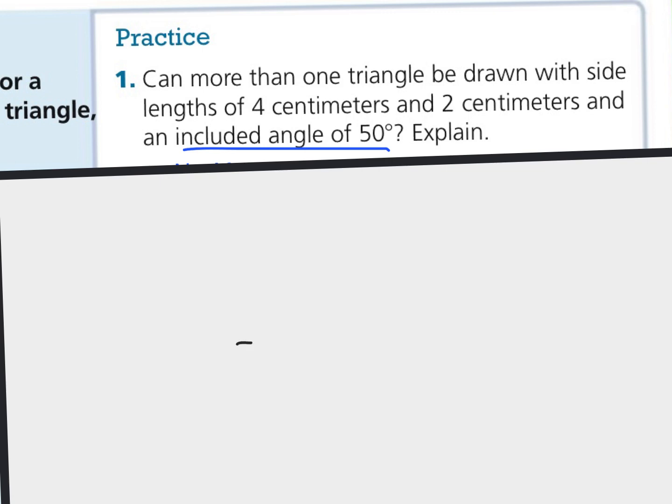So if you can imagine just kind of sketching this out, let's say this is 4 centimeters. We're going to draw a 2 centimeter side, but the angle between those sides has to be 50 degrees. So if that's maybe something like this, 50 degrees, that's 2 centimeters. And then the question is whether we can draw more than one triangle with this information.